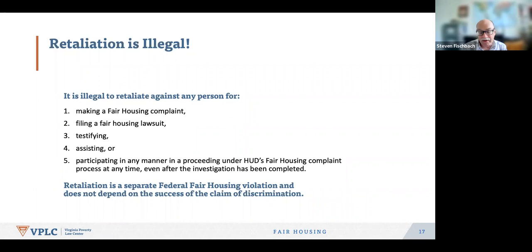So it's a separate violation of the Fair Housing Act. And it doesn't depend on either the success of the claim of discrimination or the person being in a protected class. It's a general prohibition against retaliation that covers everybody.